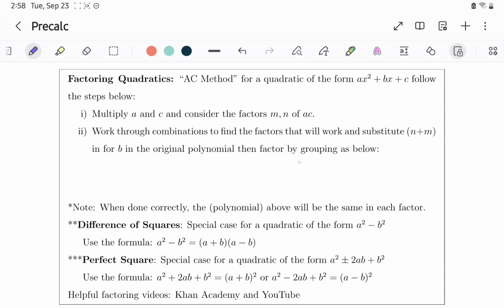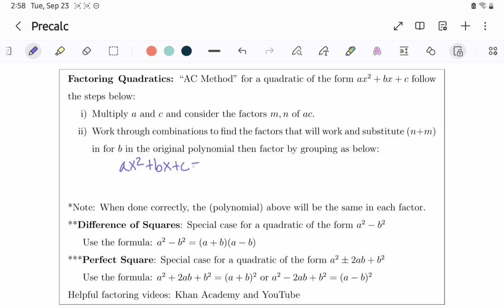And then we can proceed to factor the polynomial by grouping. So if we start out with ax squared plus bx plus c, then we want to look at the product a times c and consider all the different factorizations of a times c into exactly two factors. And then we want to find which factorization gives us two factors whose product is not just a times c, but also whose sum is n plus m.